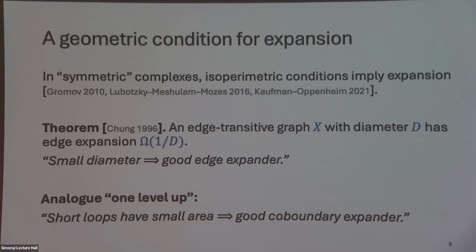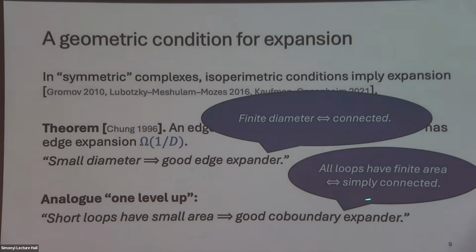But you're saying two things, right? First, it's not even clear that you can fill. Yes, this is a good point, which I was going to put in these little bubbles. If you don't care about quantitative aspects and you only care about the question of whether every loop can be filled in, this says something qualitative about the complex, which is that it's simply connected, a notion people care about in topology.